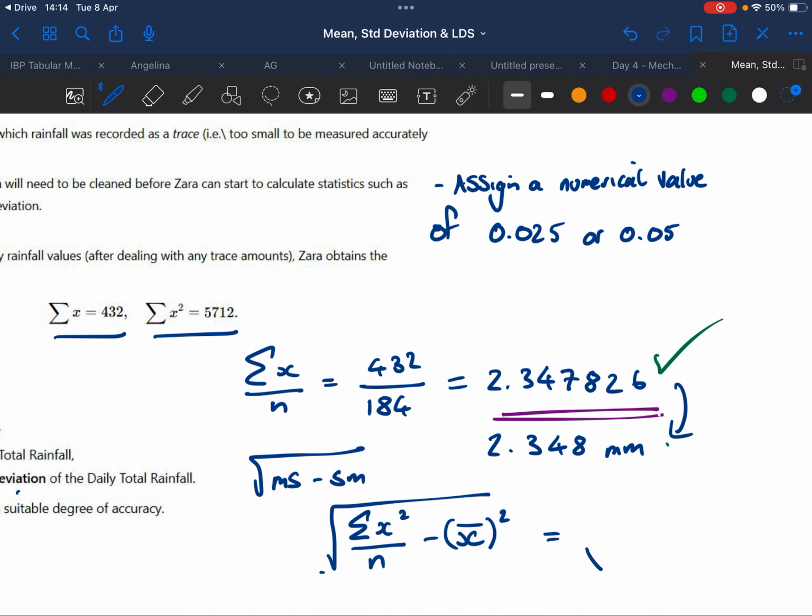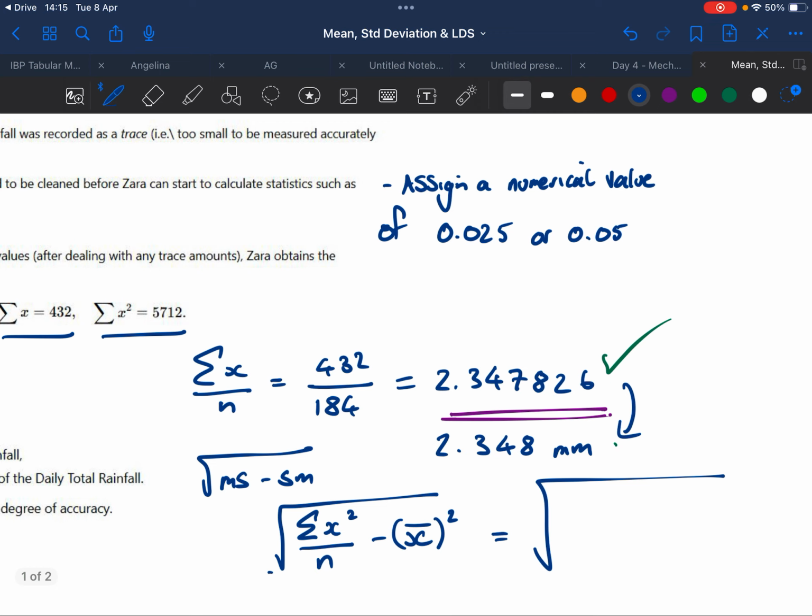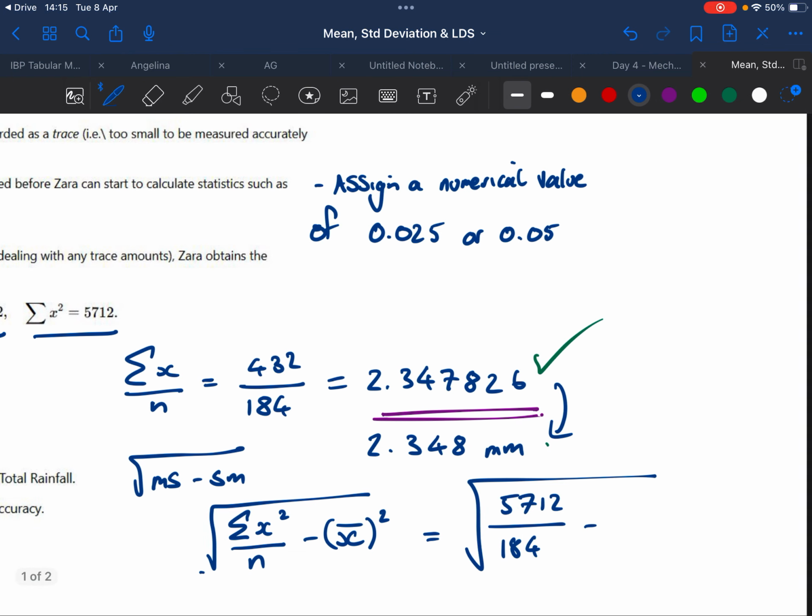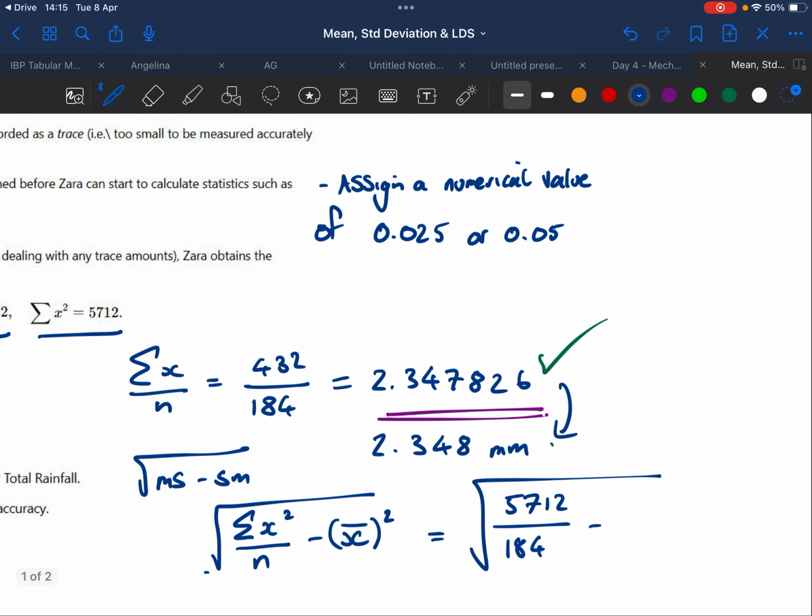I would write the calculation as 5712 over 184 minus my mean value, so 2.348, something like that, squared. Again, I'd make sure I have lots and lots of decimal places, and then I would round underneath. If you do that, you will be very safe with your rounding, because it is sometimes a problem.